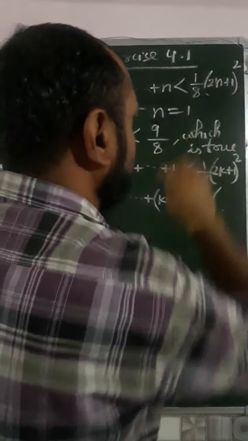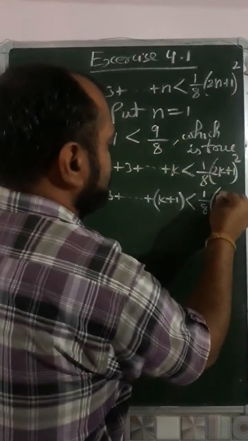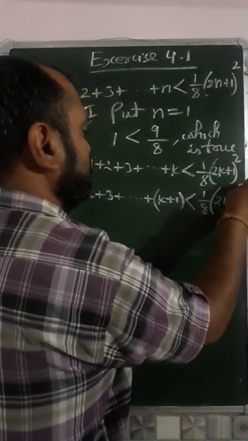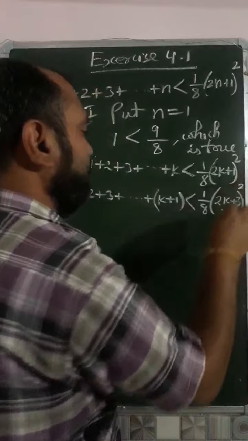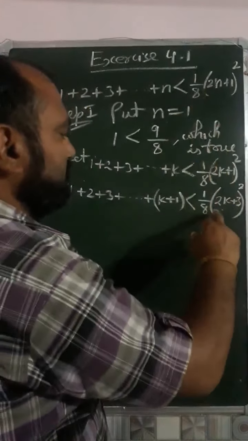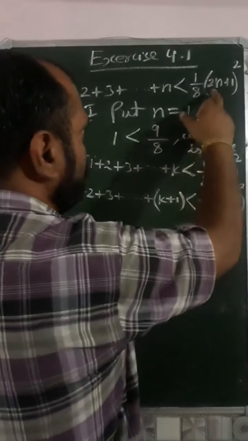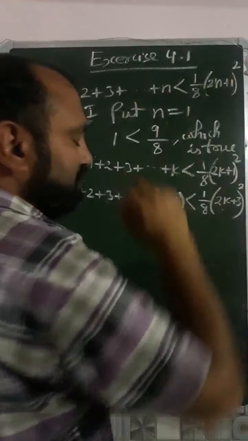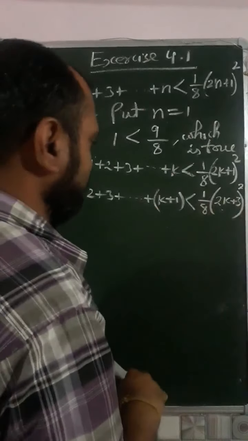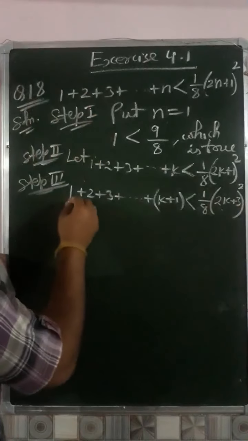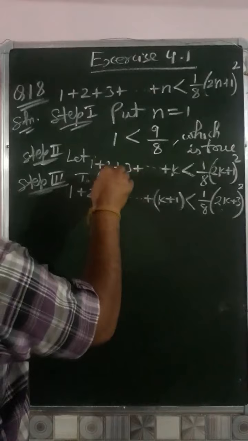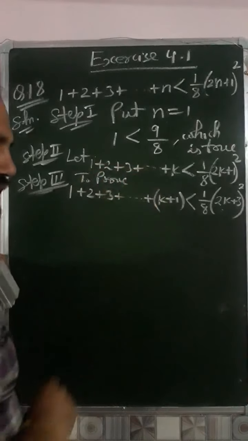When we put n equal to k plus 1 here, we get 2 into (k plus 1) plus 1, that is 2k plus 3 whole square. So you have to prove it for n equal to k plus 1.